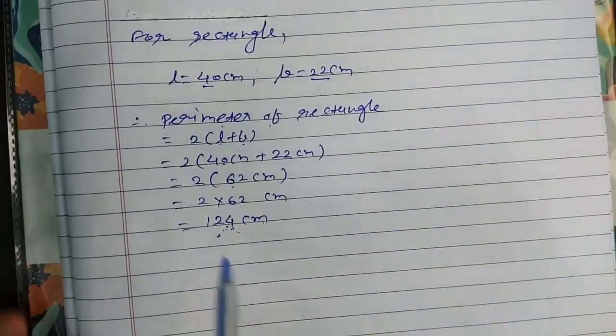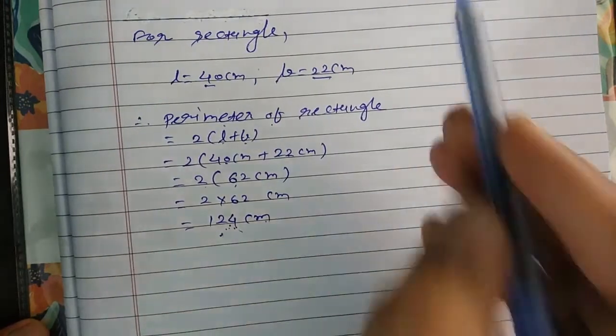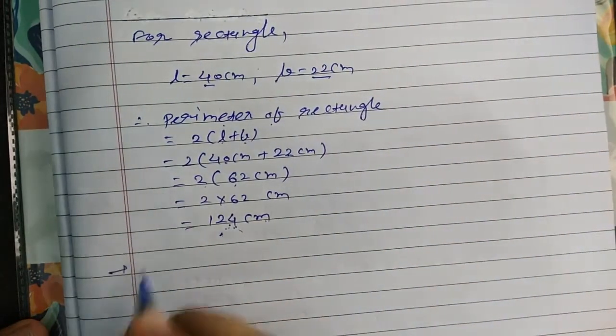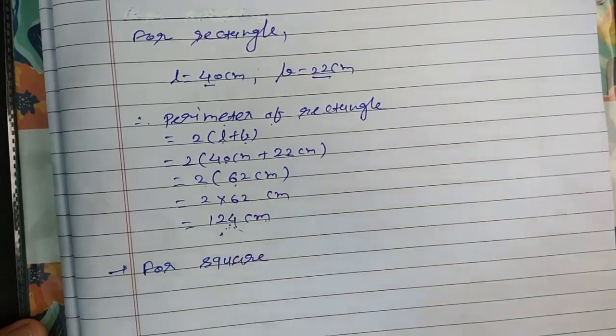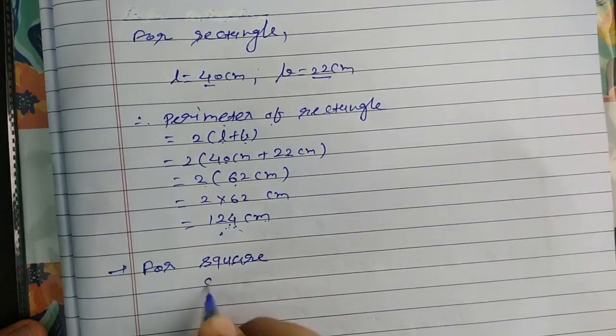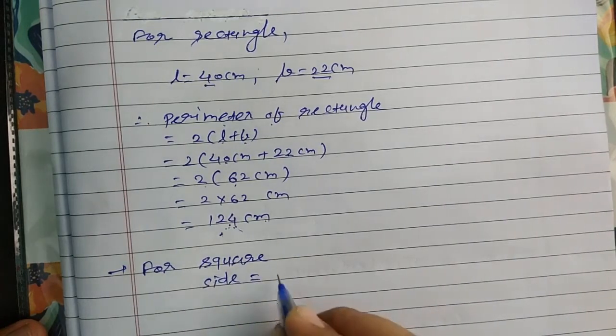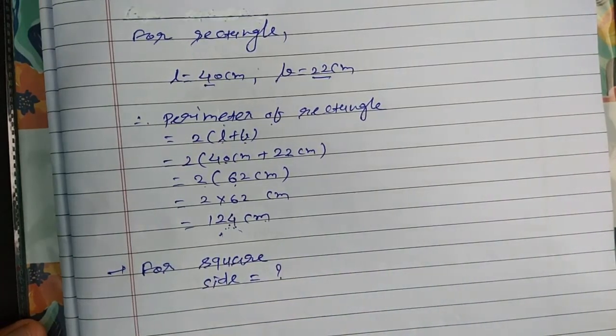So we will use this information to find the length of the side of a square. Here we write the square, we have to find the length of the side, so we put a question mark.